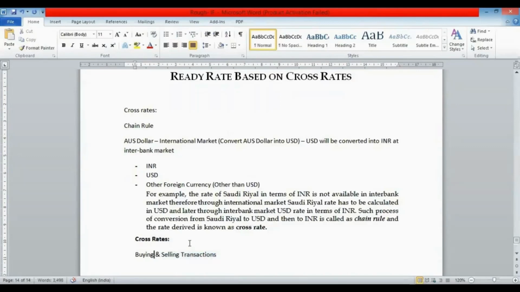We will take up first the buying, and in buying we will again have TT and bill, and then we will take up selling, and selling will also have TT and bill. So at the end, I hope that whatever we have discussed today with respect to cross rates, you are aware of how, making use of three currencies, we are able to calculate the rate of exchange. In the next lecture, we will take up the buying and selling transaction in the concept of cross rate itself.